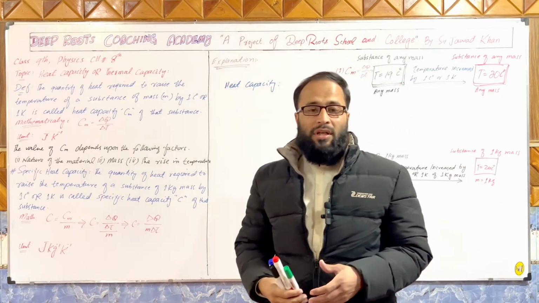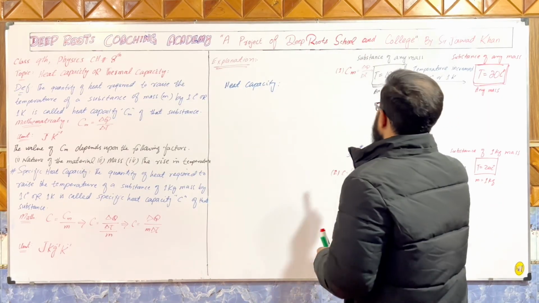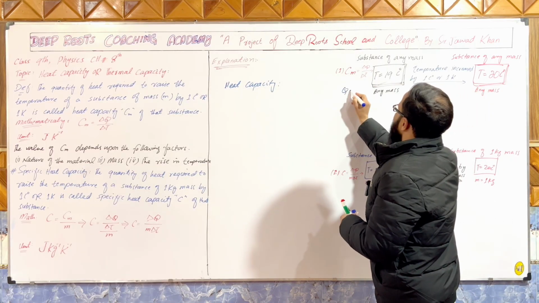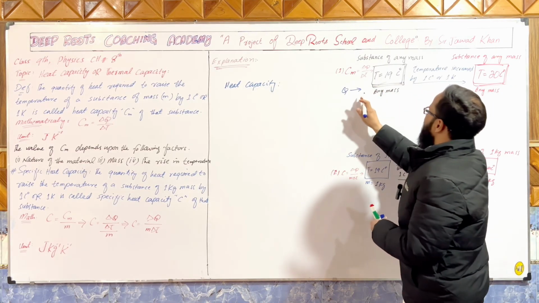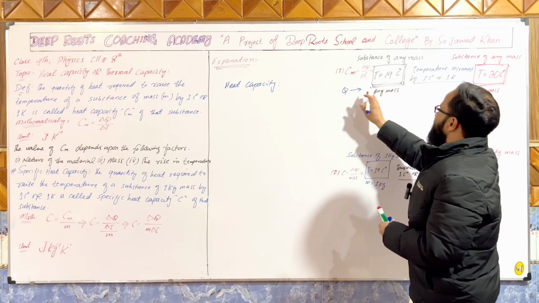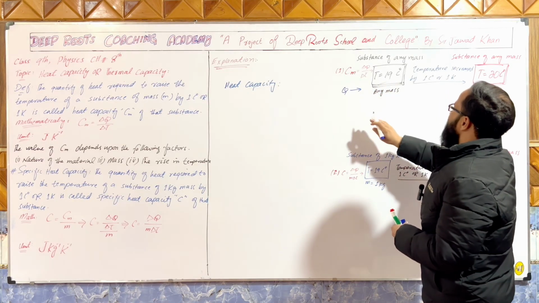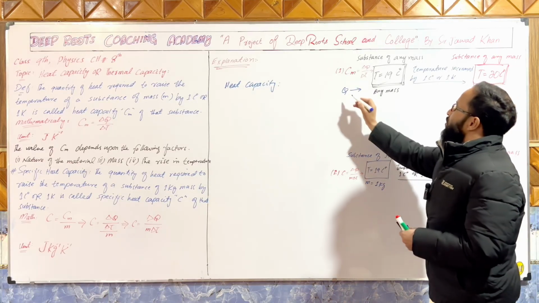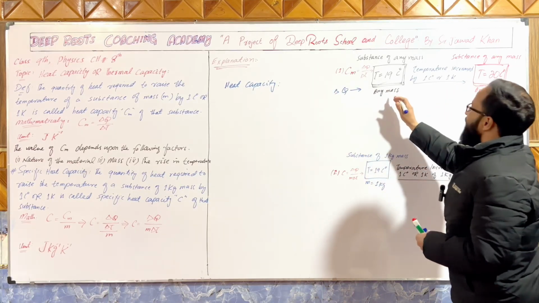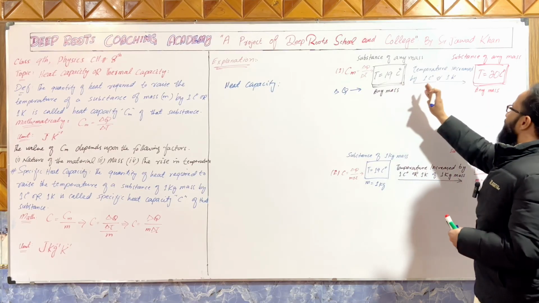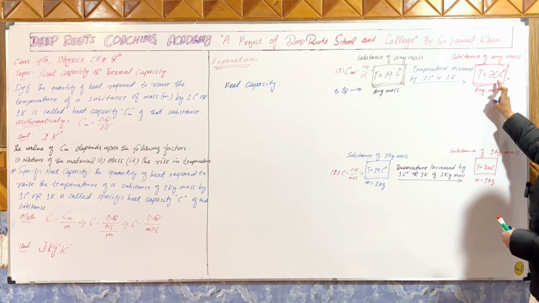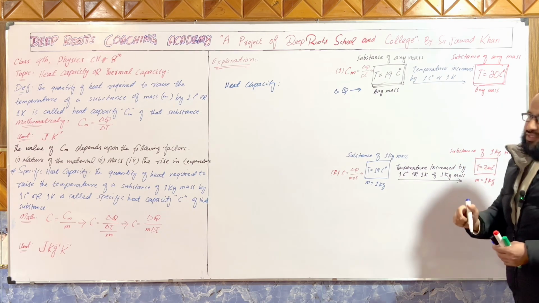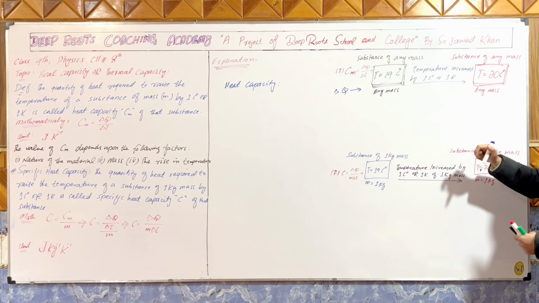If I give heat to this material, and this heat is absorbed by this substance, the temperature of this material is increased by 1 degree centigrade or 1 Kelvin. So the temperature here is 20 degrees centigrade or 20 Kelvin.